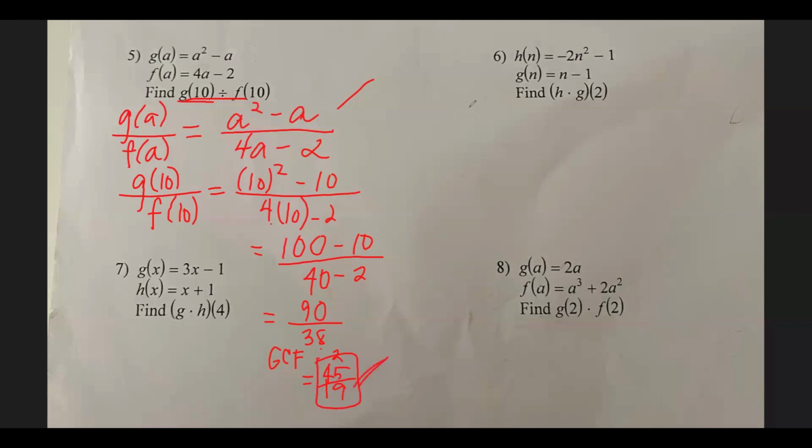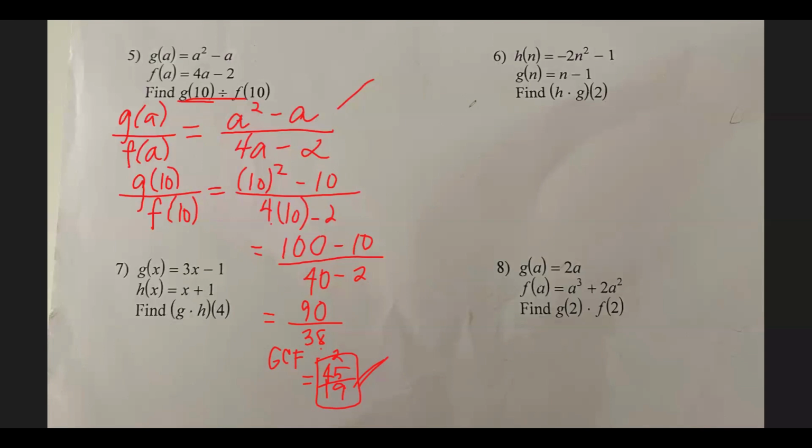So again, the GCF is 2, the greatest common factor of 90 and 38, so that your final answer is 45 over 19. So that's our final answer for the g of 10 divided by f of 10. What about multiplication? Same process.